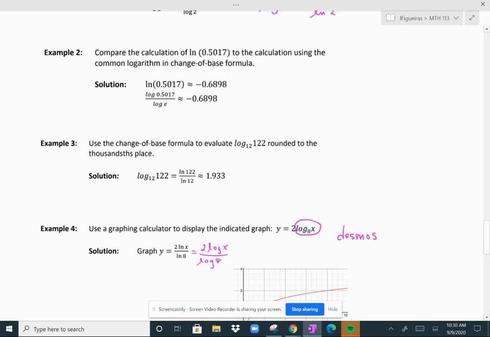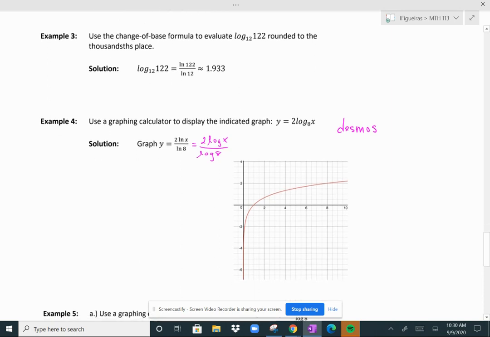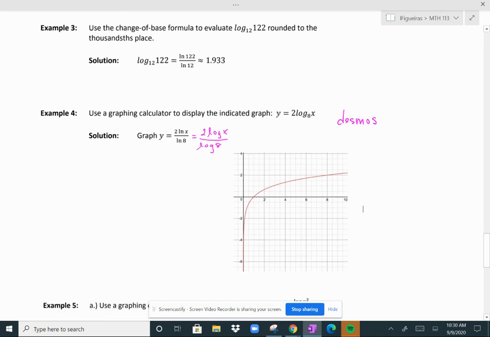If you were to put that into a graphing calculator or an app, you would get this as your graph, which is a picture that we've seen before because we've graphed logarithms before. Just as a reminder, this means that your domain is all positive real numbers, and the range is from negative infinity to infinity.